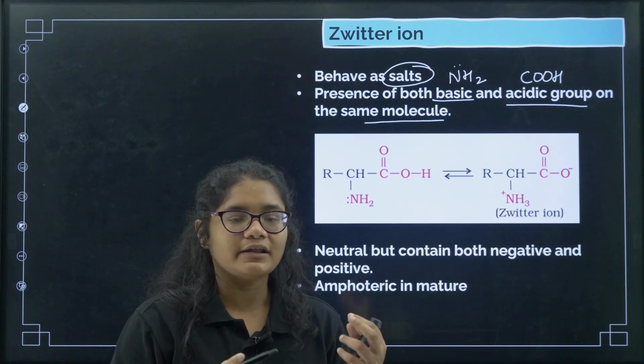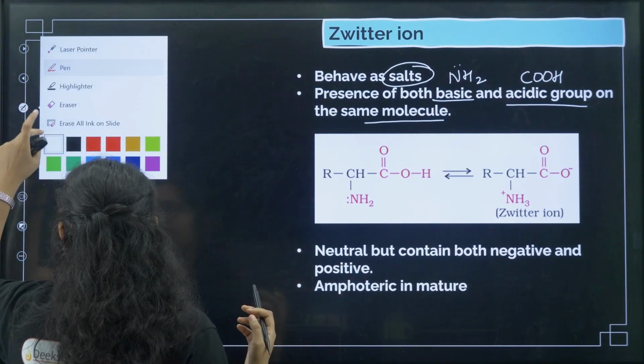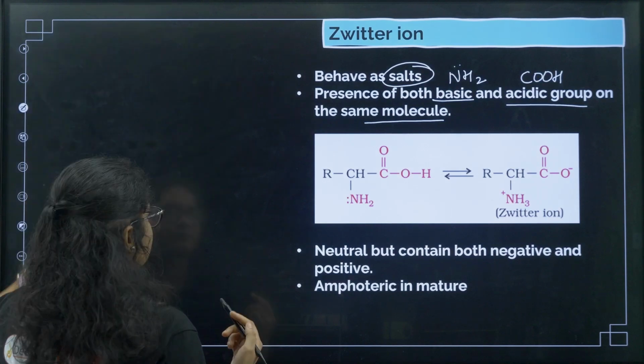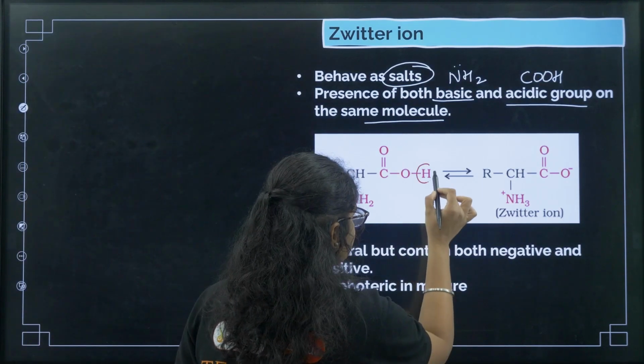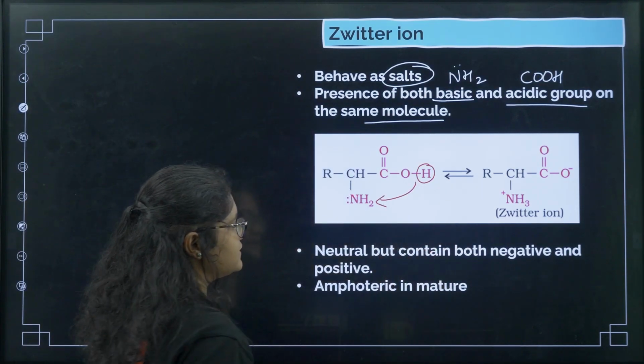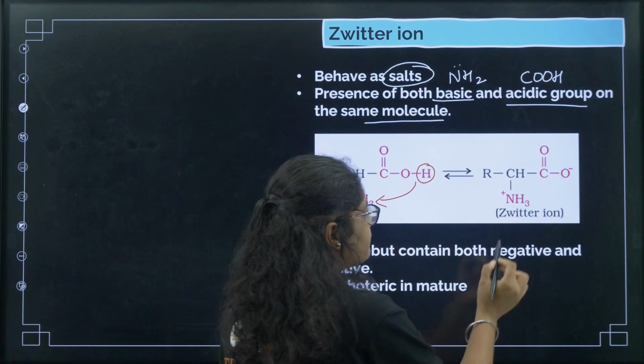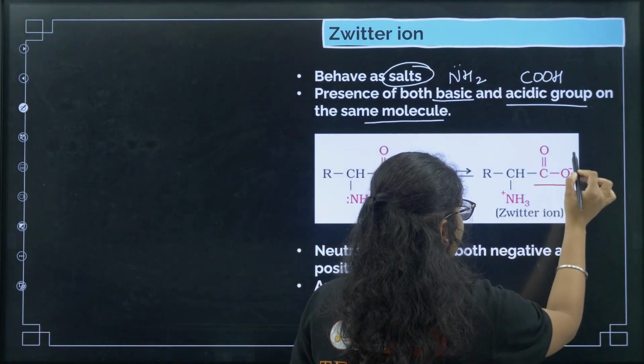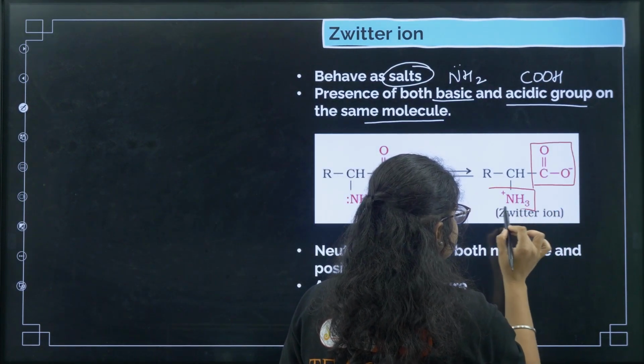So there is an intramolecular proton exchange. The H is released from the acidic group and accepted by the NH2 group, so the carboxyl becomes COO minus and the amine becomes NH3 plus.